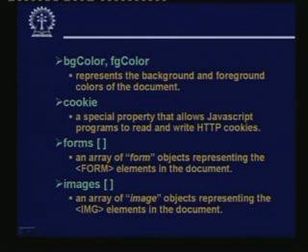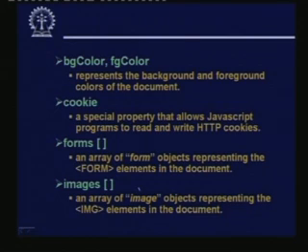Forms, again, if there are forms in the document, they can be accessed as an array of form objects. Similar is the case for images. If there are several img tagged elements representing images in the document, each of them will indicate a particular element of this image array. Okay.